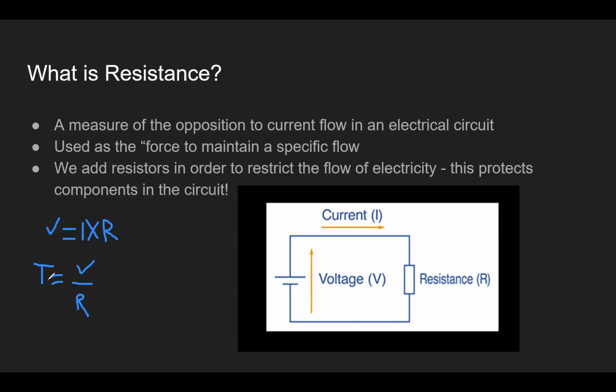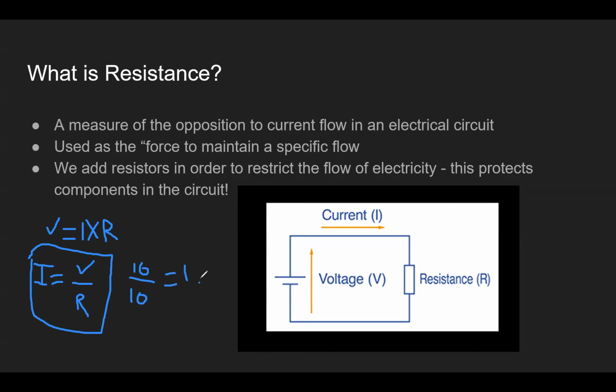Looking at this equation, this is a reminder that current and resistance work inversely to each other, which means when one goes up, the other goes down. We know that because resistance is in the denominator. So the greater the resistance is, the smaller the current will be. For example, if we had a voltage of 10 and a resistance of 10, our current would be 1, right?